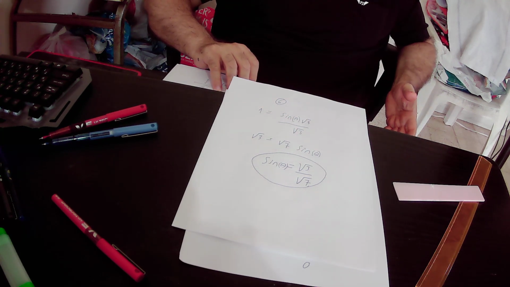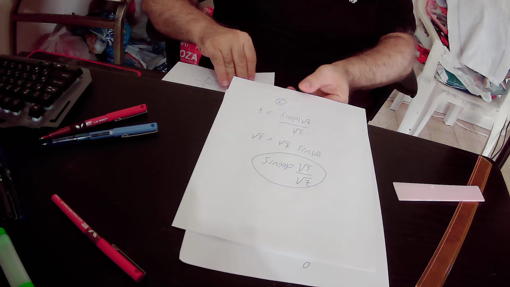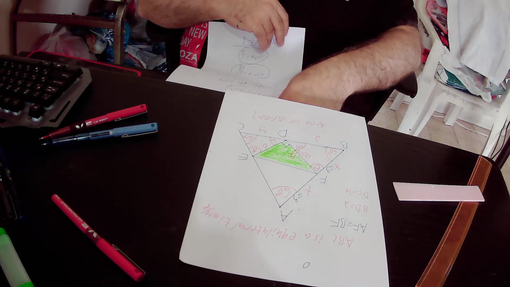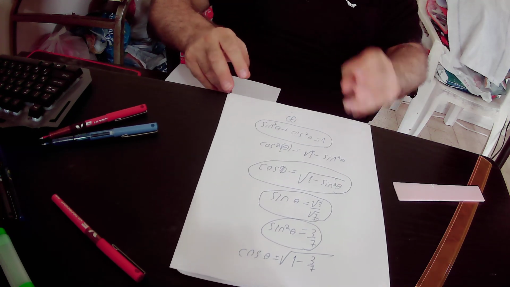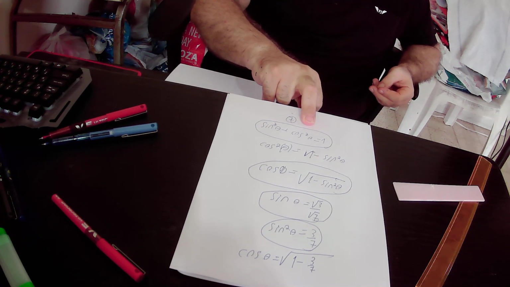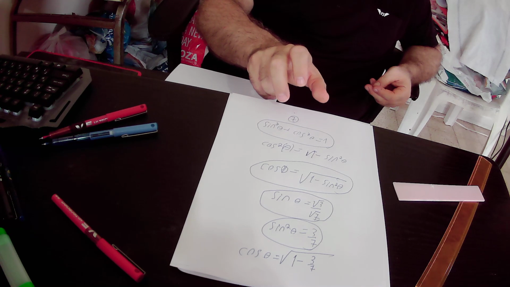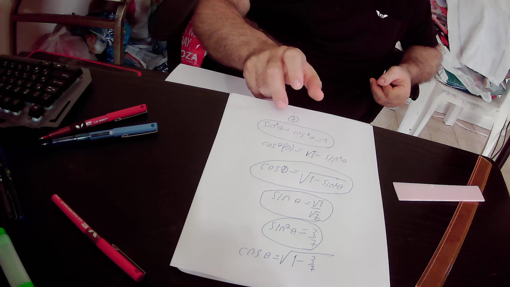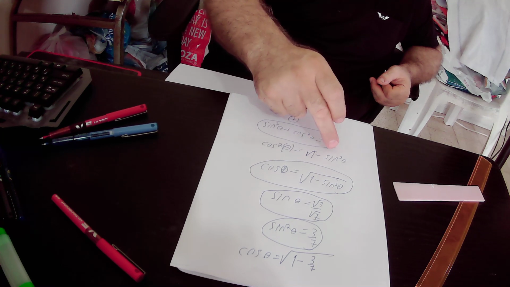In the next step, we found the value of cosine theta by the first trigonometric identity, which states that sine theta squared plus cosine theta squared equals 1. From this identity we subtracted sine theta squared, and we got that cosine theta squared equals 1 minus sine theta squared.